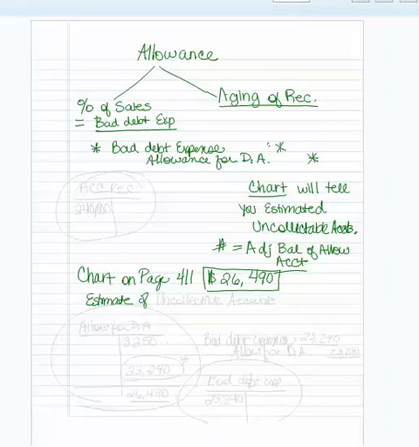What does it say there? Uncollectible accounts. Y'all see where it says that in the chart? Bottom of 411, the bottom left of the chart. Estimate of uncollectible accounts. And then what I want you to know is that that number is going to equal the adjusted balance of what account?